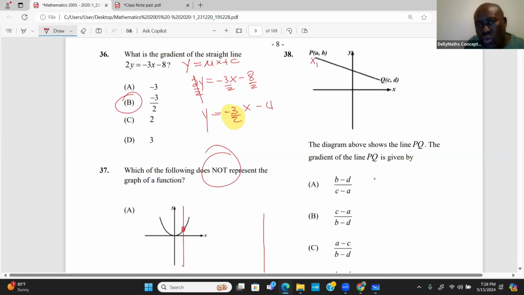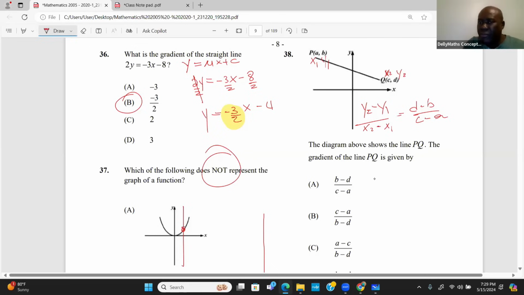You can say x1, y1, call this x2, y2. You want to set that up and see if that's what they have, right? So you're talking about y2 minus y1 over x2 minus x1. So let us see if they have this: d minus b over c minus a.